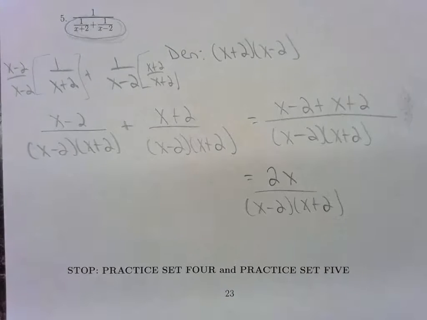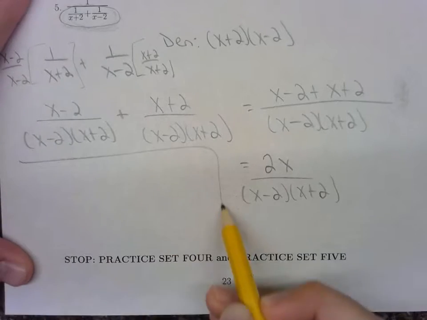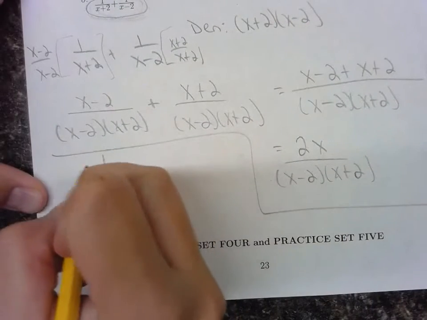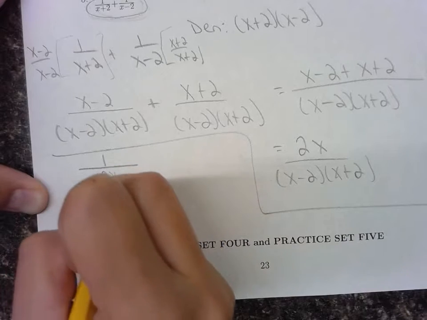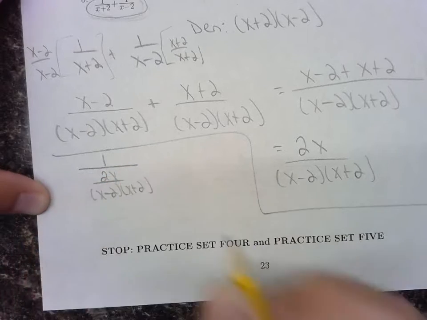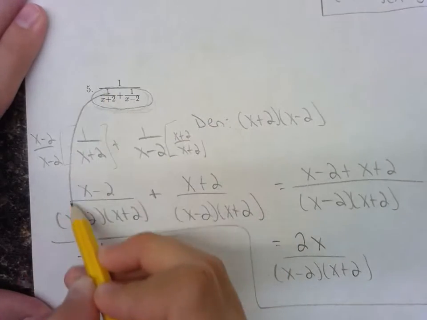Okay, this is not the solution. Remember, we have to plug it back into our division problem. Okay, so I'm going to come down here. I'm running out of room. So we have 1 divided by 2x over x minus 2 times x plus 2. Okay, because I'm plugging this back in to the original problem.